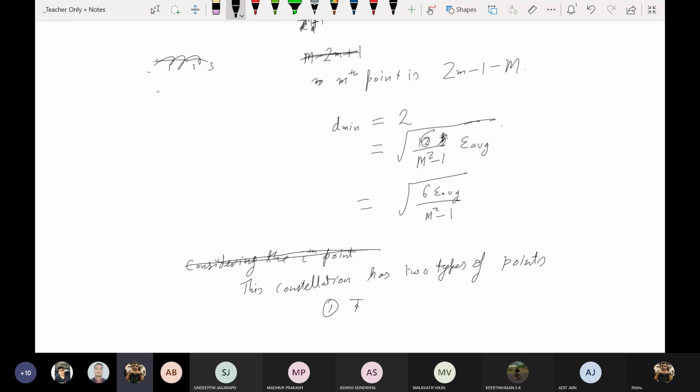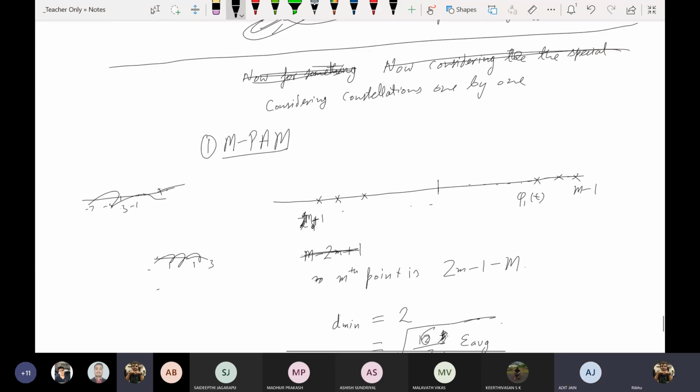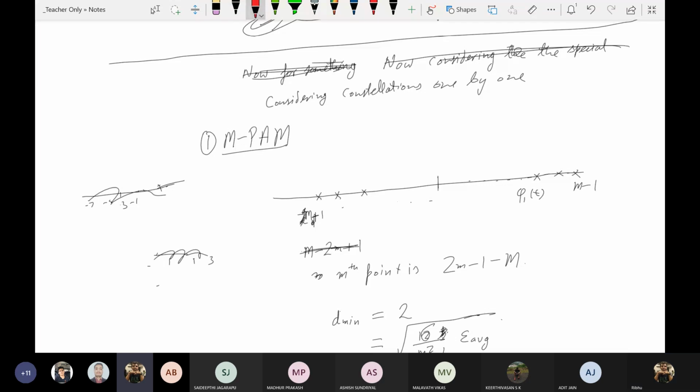One, interior points. Two, boundary points. Right? Yes, sir. So these are boundary points. These two are boundary points, and all of these are interior points.